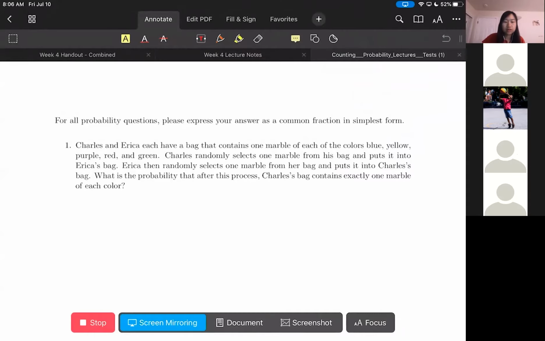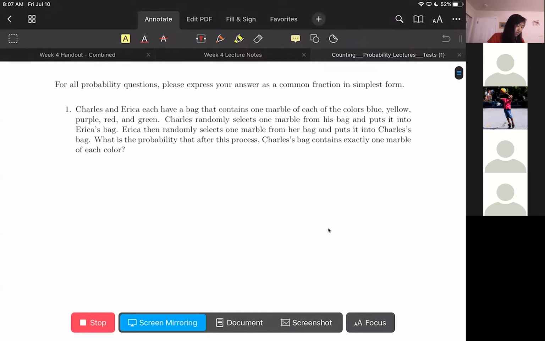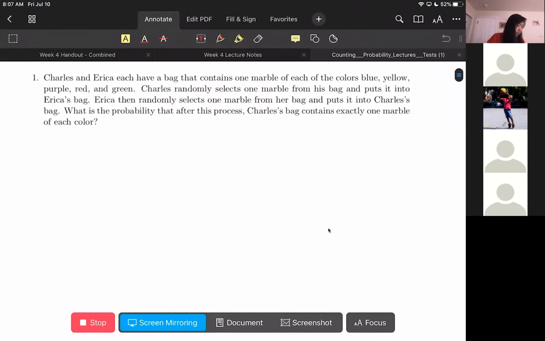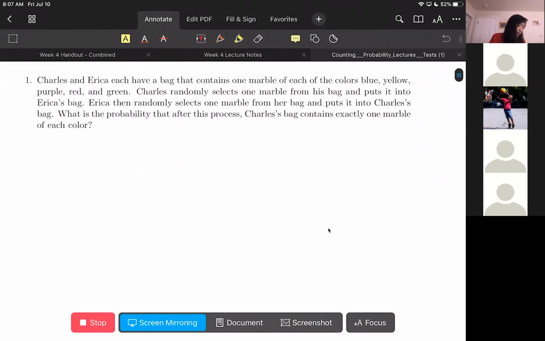So this first one is, I don't know if anyone got this one right, so I'll make sure to explain this one. It says we have two people, Charles and Erica. They each have a bag that contains one marble of each color, and there's 5 different colors. Charles will randomly take one marble from his bag and put it in Erica's bag.